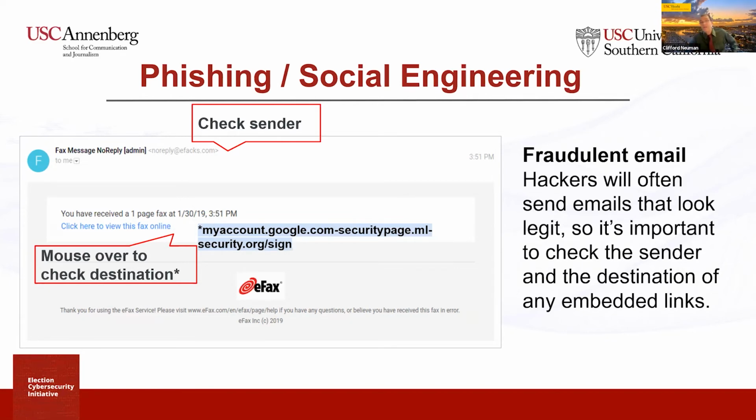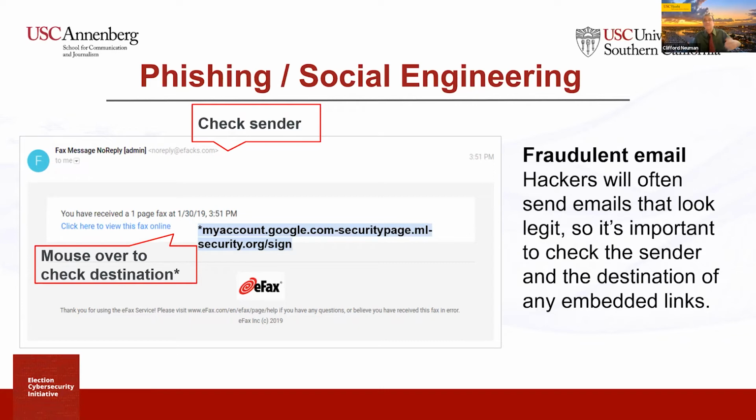That's where I should be going. Except not so fast. The real name of the computer you were going to might have started myaccount.google.com, but it ended ml-security.org. And that's a site I've never heard of. Looks fishy to me. So you've been sort of tricked by just the arbitrary text that the adversary has put in the beginning of that link.